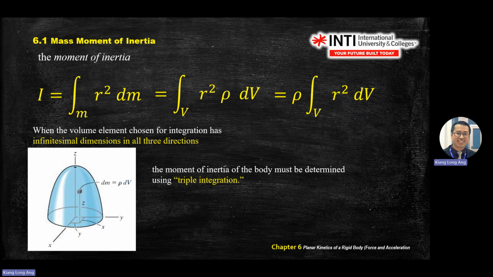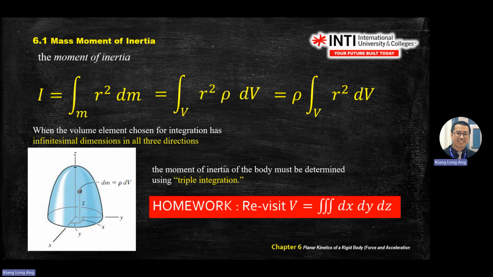You do triple integration. This is x, this is y, this is z. Okay, so you integrate the inner one, then once you've done this one, you integrate outward, then create the z. Okay, so again, this is a homework. We assume you already know how to do triple integration.